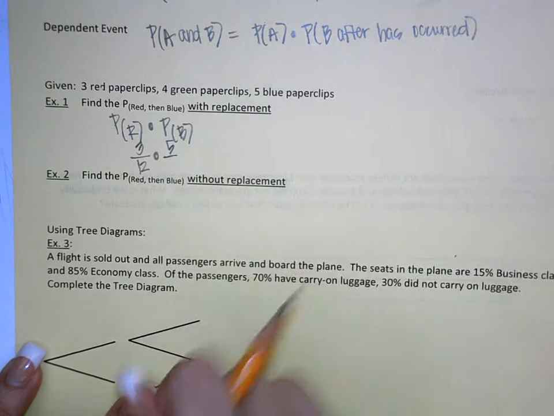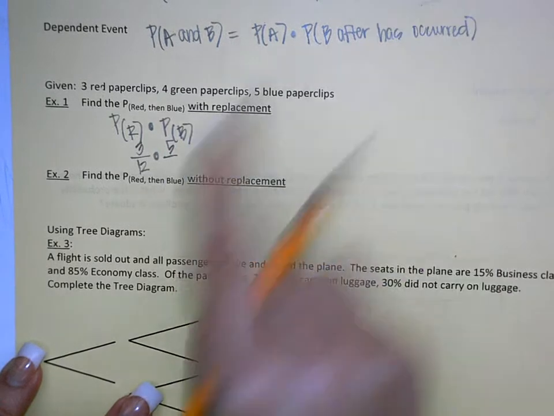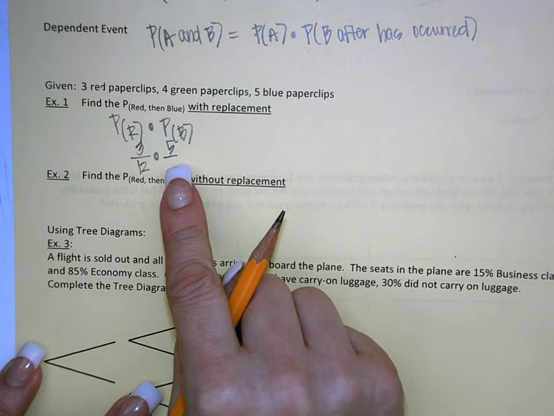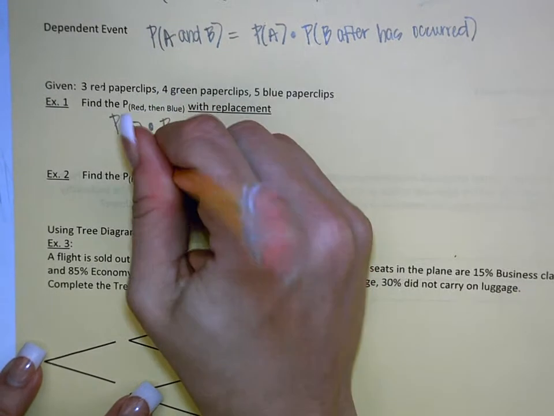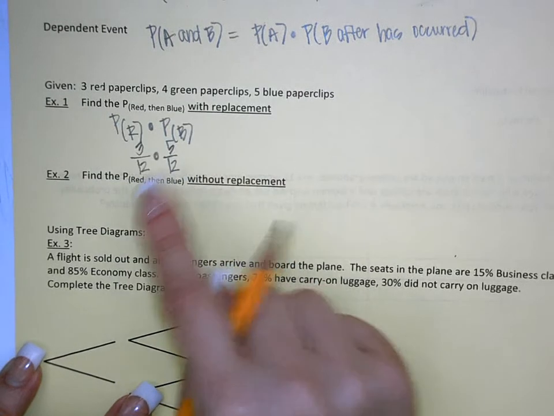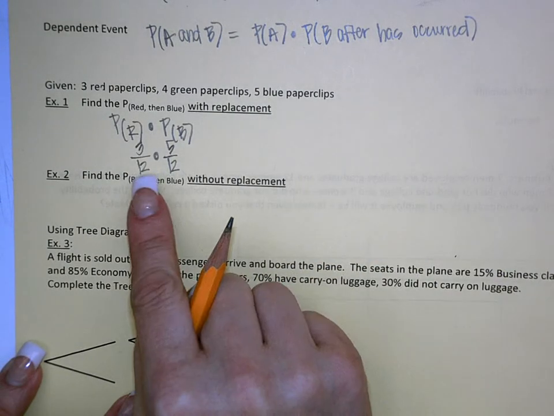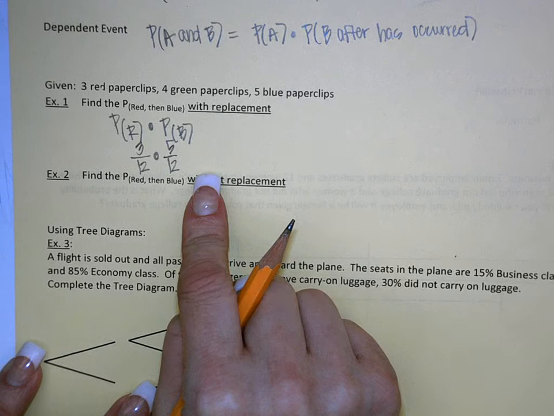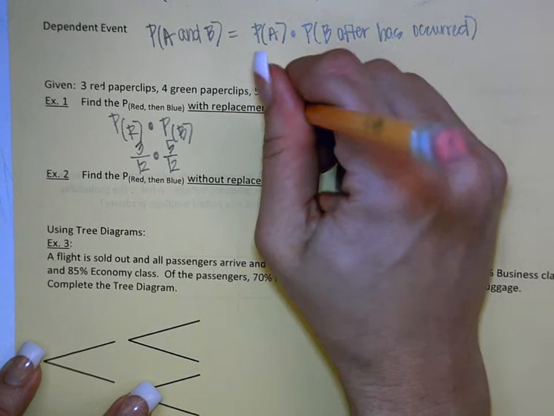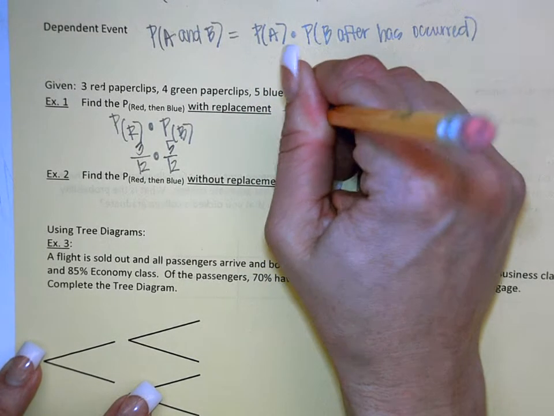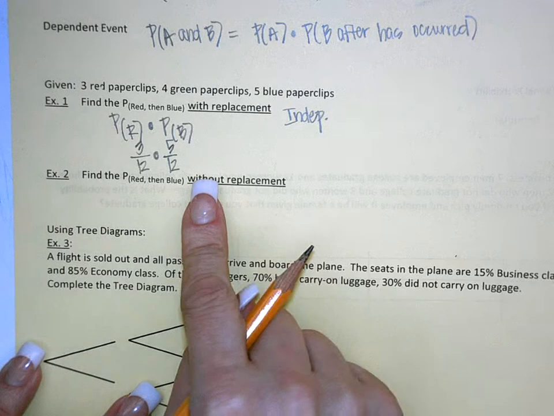I took the red one out and put it back. So how many total paper clips are in my bucket right now? Still 12. So is this independent or dependent? Independent, because I put it back. If I didn't put it back, the amount that was in there would change. So that would be dependent. So this is independent. Then you just have to multiply these together.